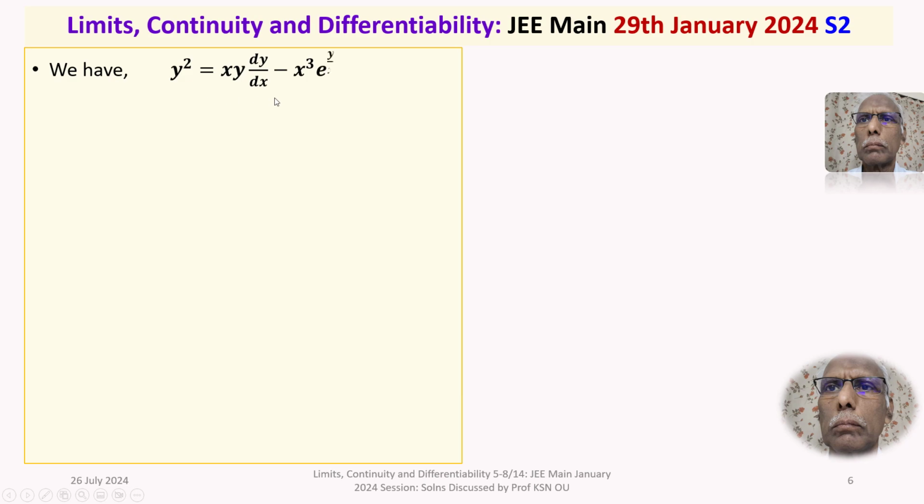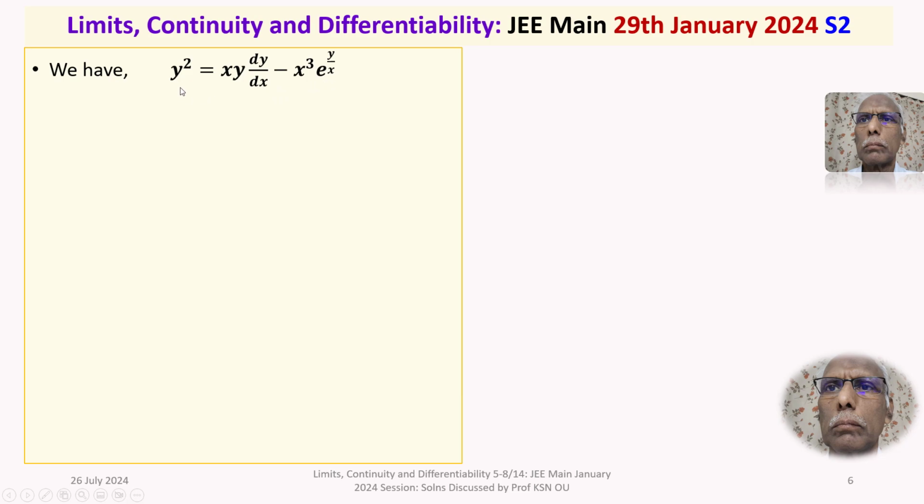We have this one, right? So what is this? It is a first order non-linear differential equation. Agreed. The presence of y by x in the power of e suggests that you write everything in terms of y by x.